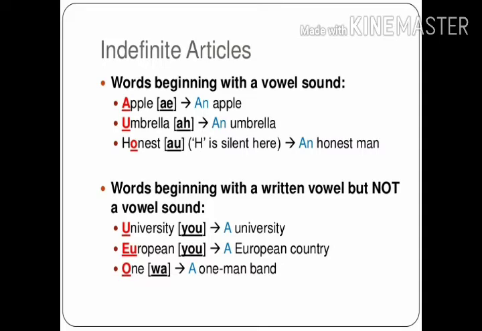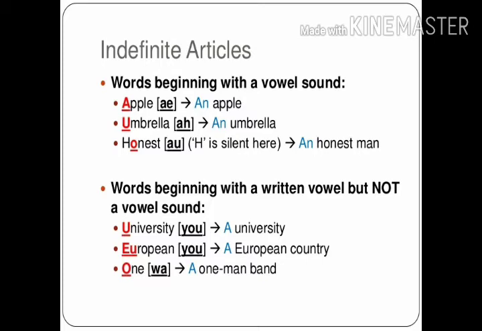Now the second one, words beginning with written vowels but not a vowel sound. For example, university. Here U is a vowel letter but it does not have a vowel sound. That's why we write a university.